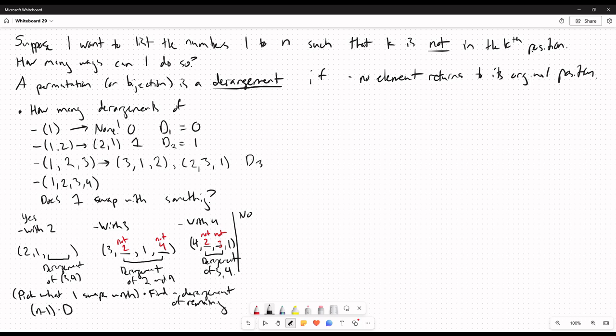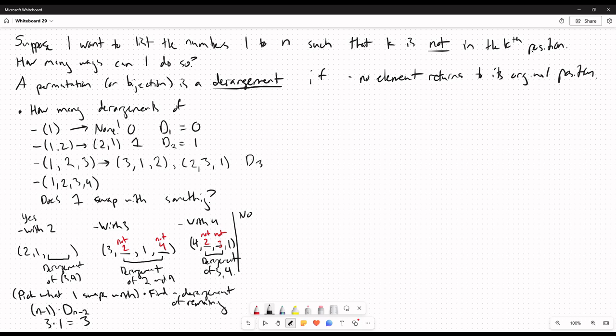So I multiply by the number of derangements on n-2 objects. Okay. So we can go ahead and do that in the specific example we're looking at. We're looking at n equals 4, so this is just 3 times the derangements on 2 things. There's one derangement on 2 things. So there are 3 ways to form a derangement where 1 swaps places with something else.